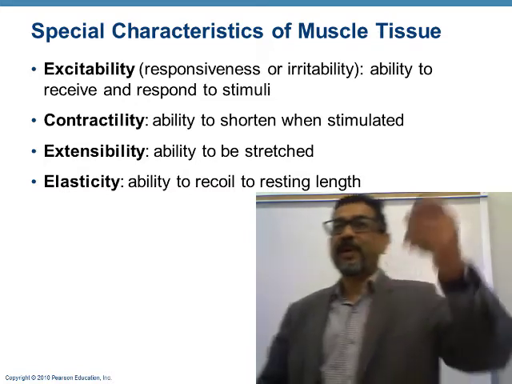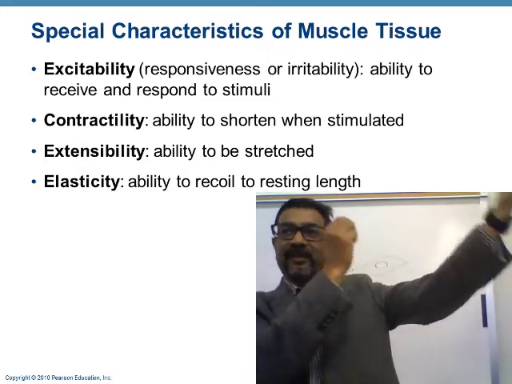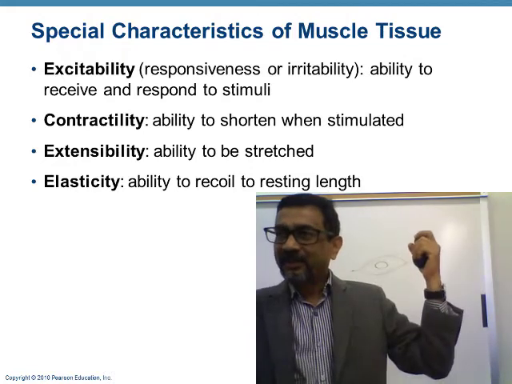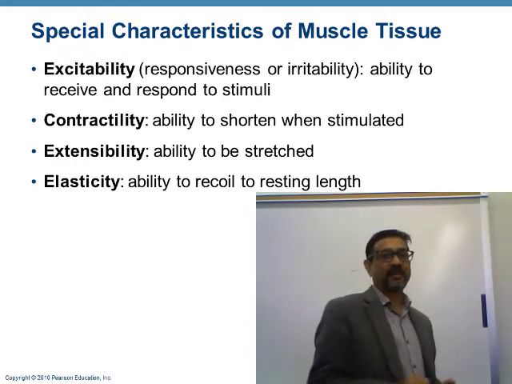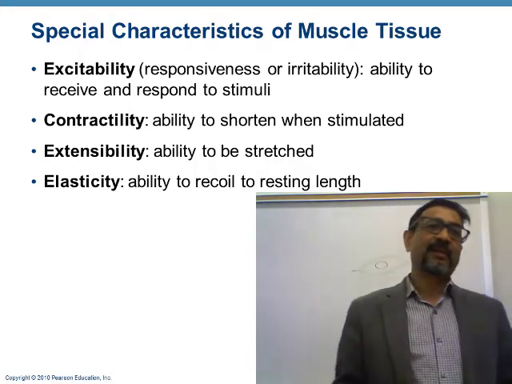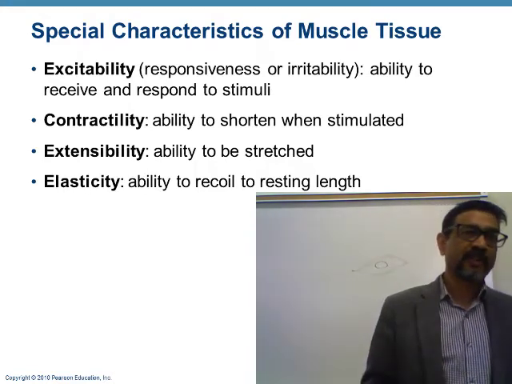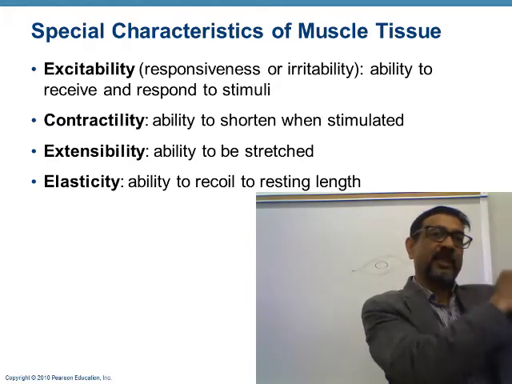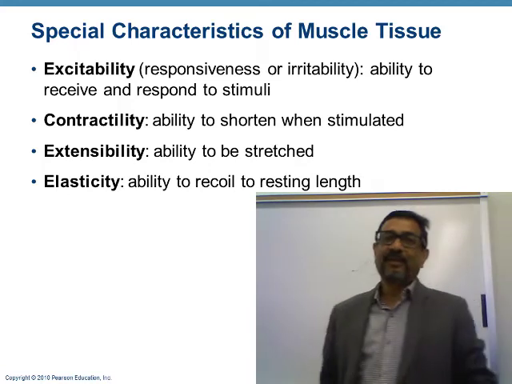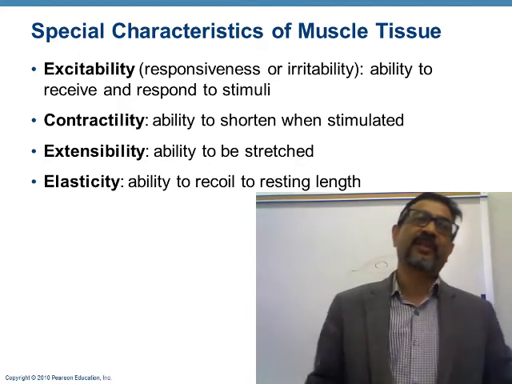For example, if I poke your muscle, it will contract, right? If I hit your muscle, it contracts. So that's the ability to respond. The stimulus is you striking or poking the muscle, and the response is the contraction.